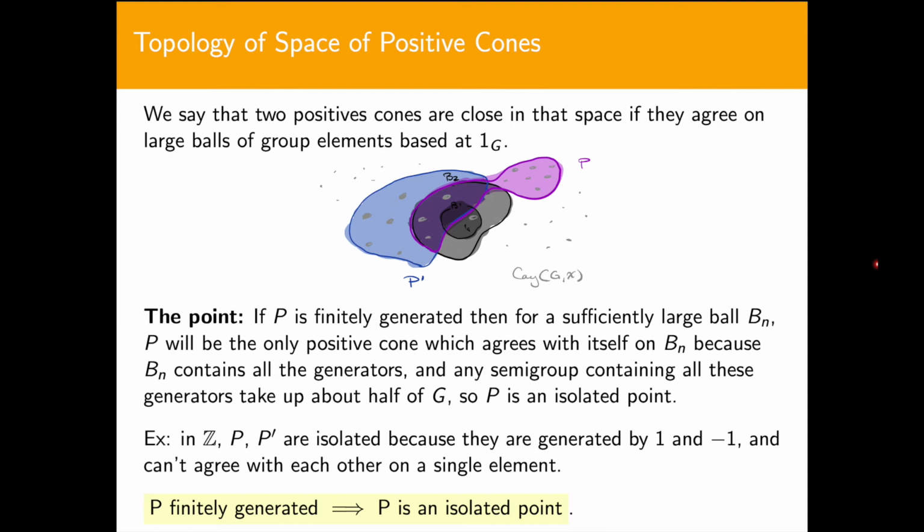For example, in Z, our two positive cones defined by 1 and minus 1 are isolated because they're finitely generated by 1 and minus 1, and these two positive cones can't agree with each other on a single element. The takeaway from this is just that if P is finitely generated, P is an isolated point.